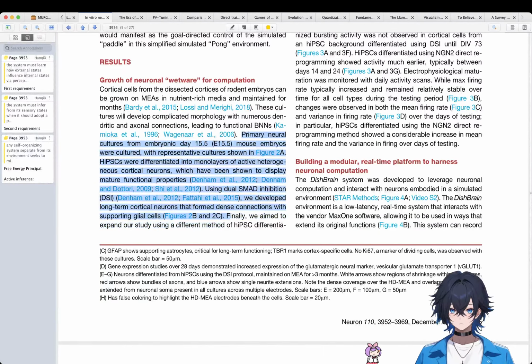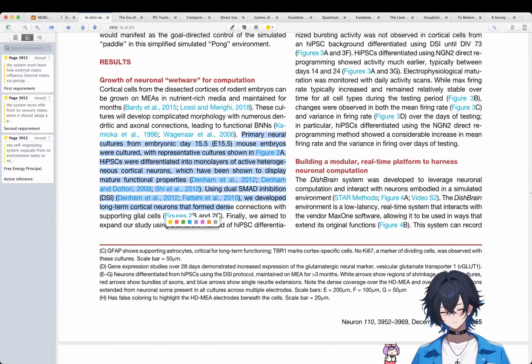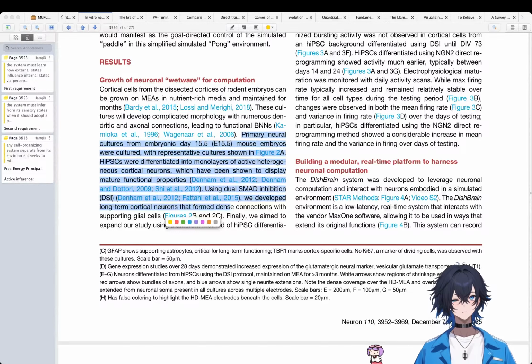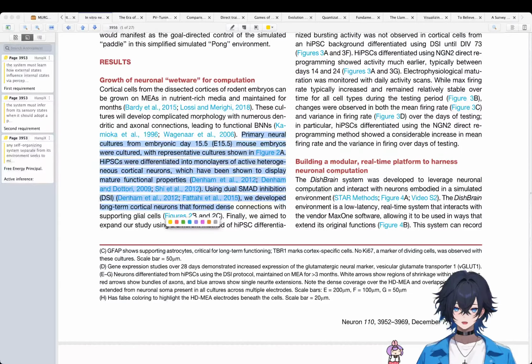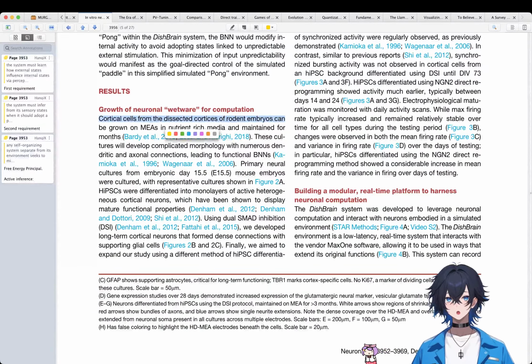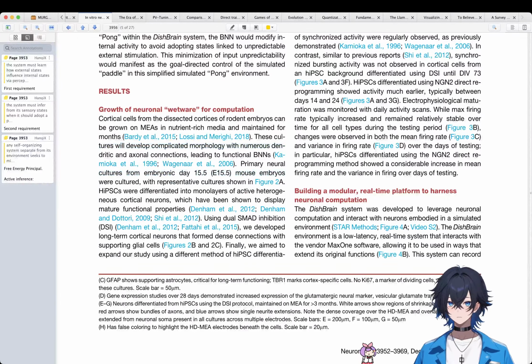Long-term cortical neurons that form dense connections. What are cortical neurons? Cortical neurons are the ones in the cerebral cortex. Okay. So not in the brainstem or anything like that. Huh. Interesting.